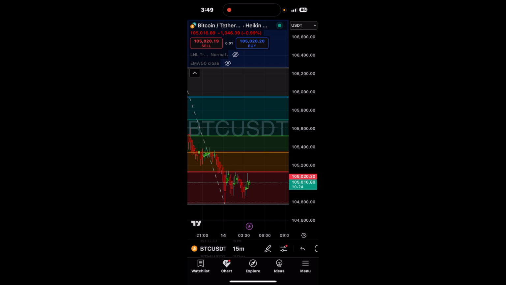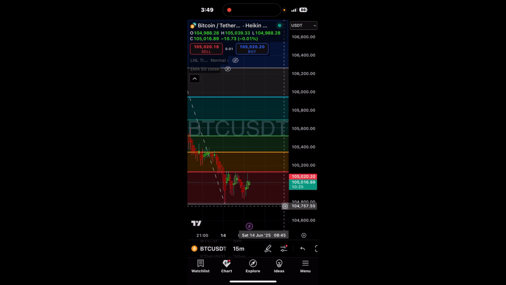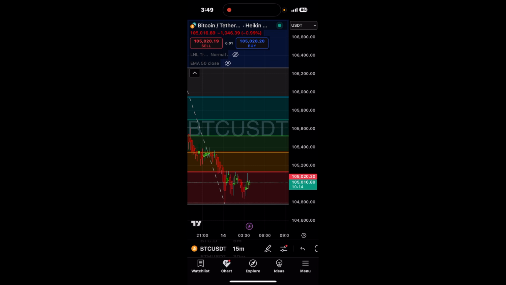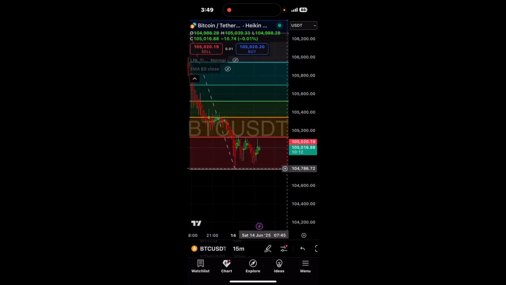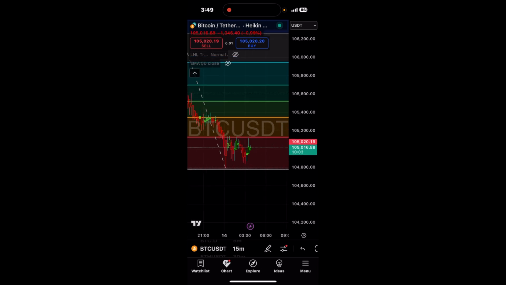And we can see right now on the 15-minute, we are bouncing pretty much on the bottom here. So we could wait for it to come down here and just ride it back up, because unless it breaks this level, unless it breaks this right here, you could expect a bounce back up.